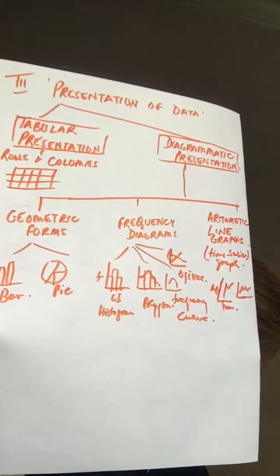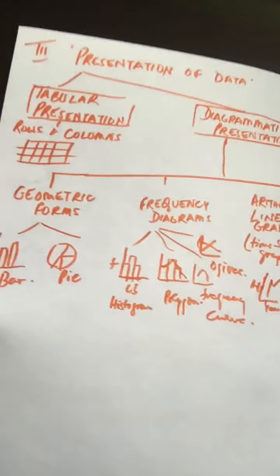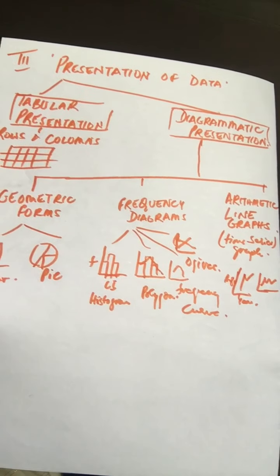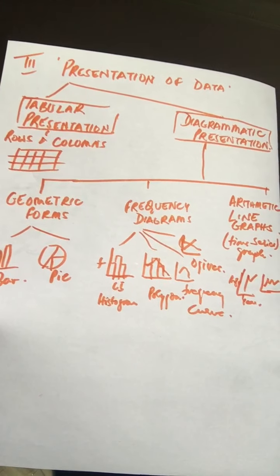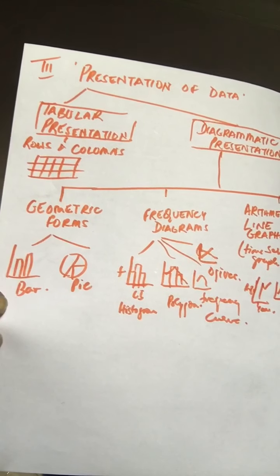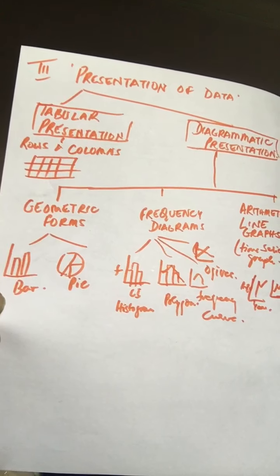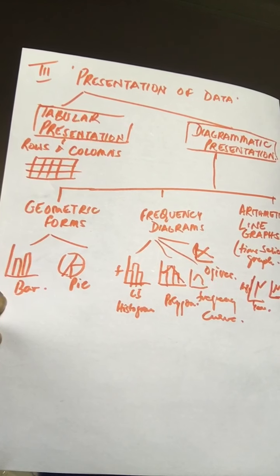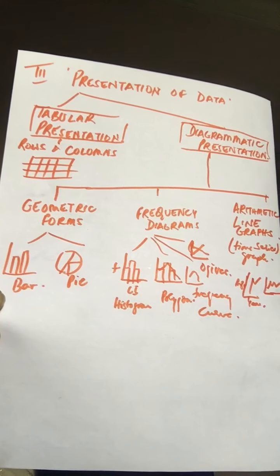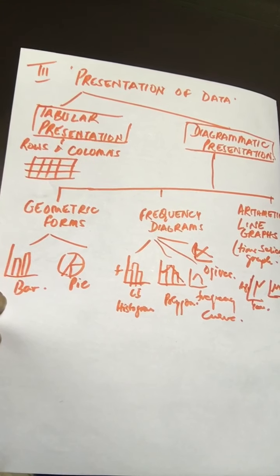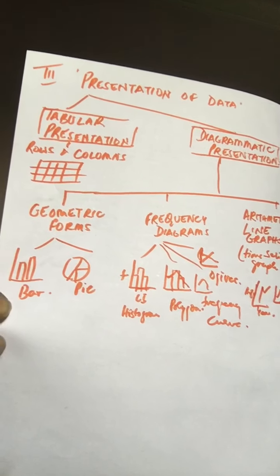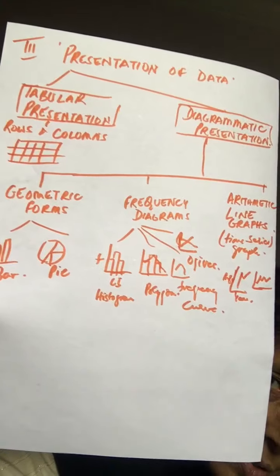In presentation of data, we have tabular presentation, schedules, as we've already done, where you can see that it is in rows and columns. The second one is diagrammatic presentation, which means we have the geometric forms, bar diagrams and pie diagrams. Then we also have frequency diagrams, where we have the histogram, the polygon, and the ogives, the more than and less than ogives.